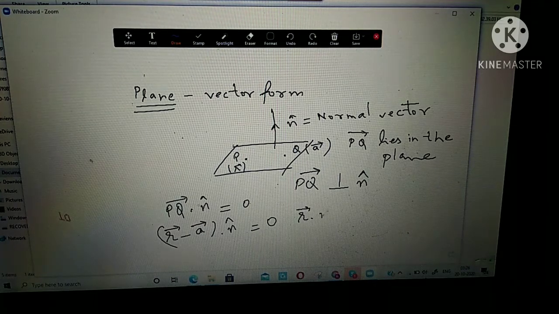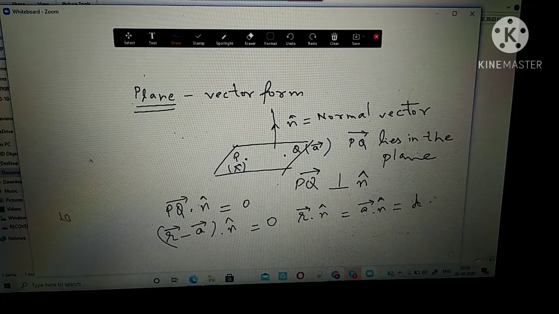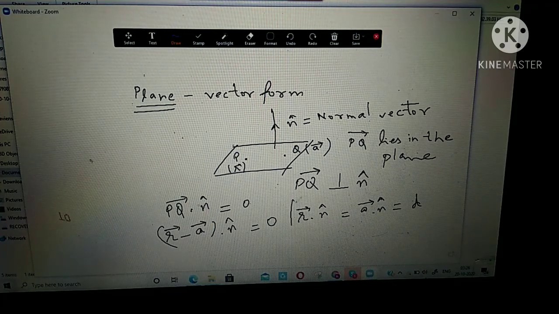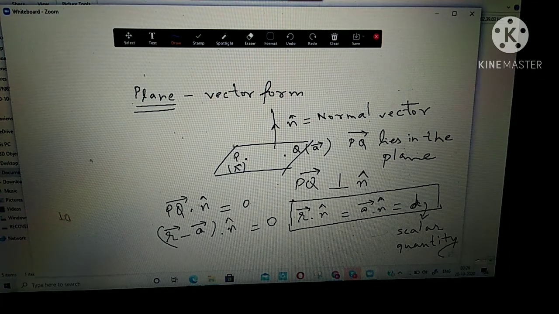On simplifying we get R dot n cap is equal to A vector dot n cap, which is some scalar value, say D. So this is the equation of the plane in vector form or vector notation: R vector dot n cap is equal to A vector dot n cap, equal to D, where D is a scalar quantity.